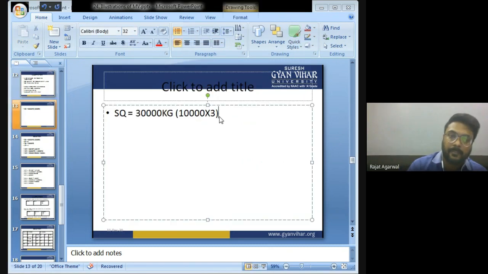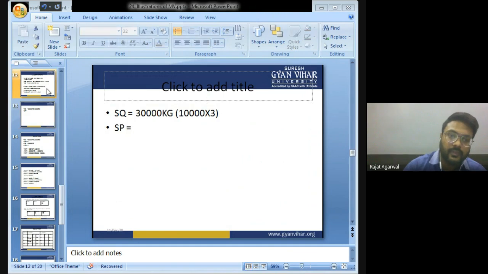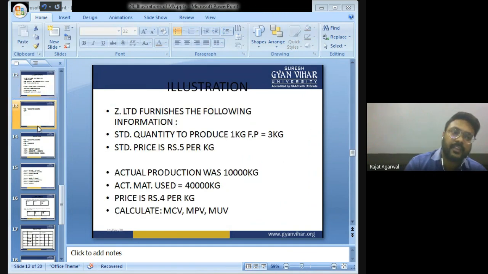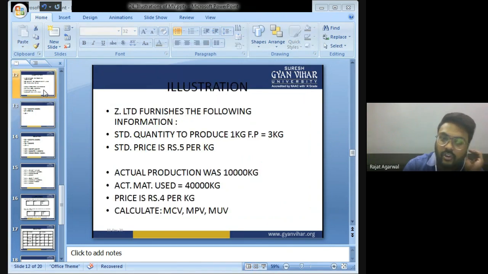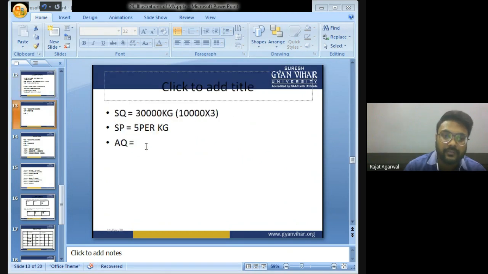Then standard price. Standard price is 5 per kg. Then actual quantity we have consumed is 40,000 kg.